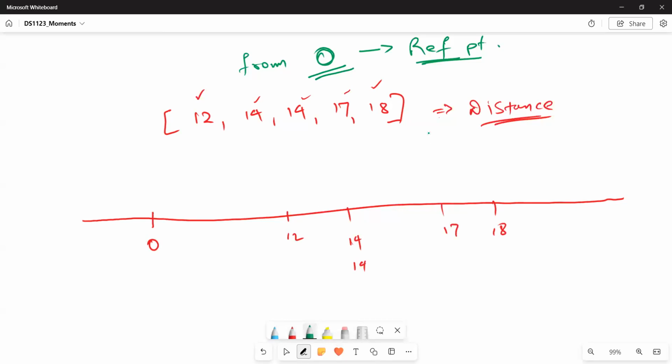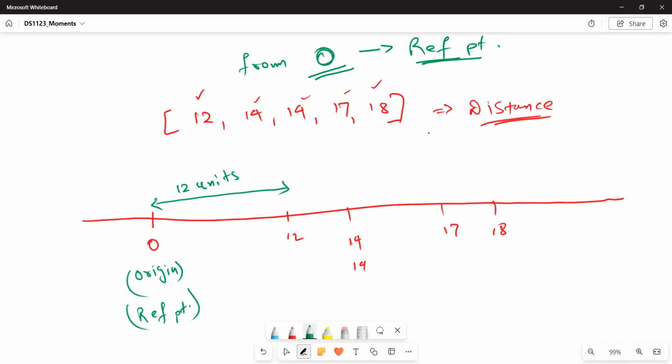And what do they represent? Let's say the point which is 12 is at 12 units distance from origin. This is also called the origin of the data, or you can also say this is a reference point.